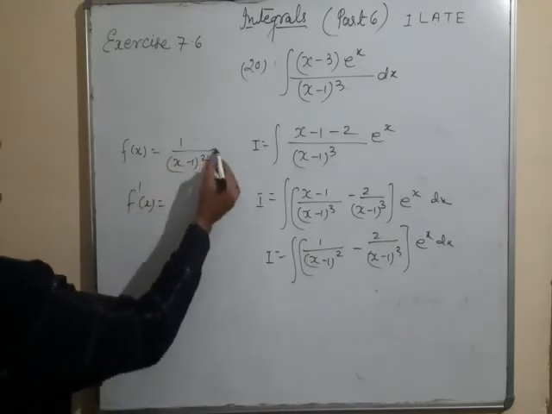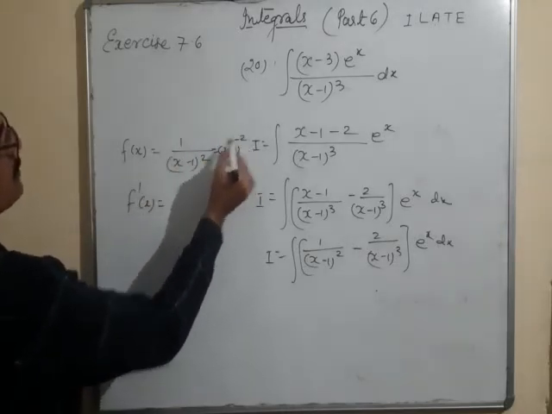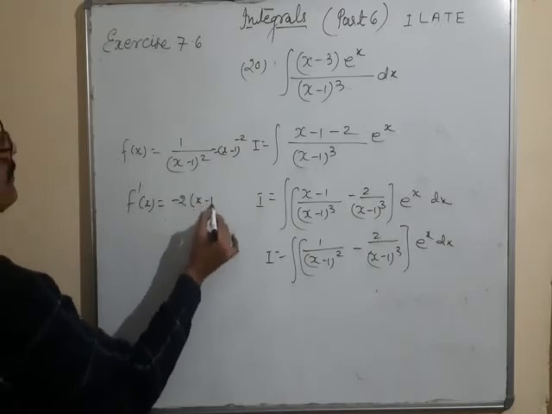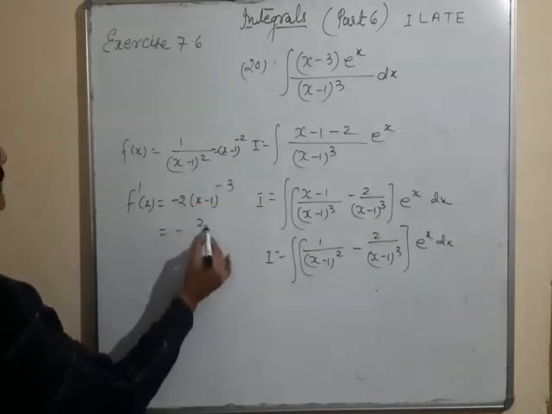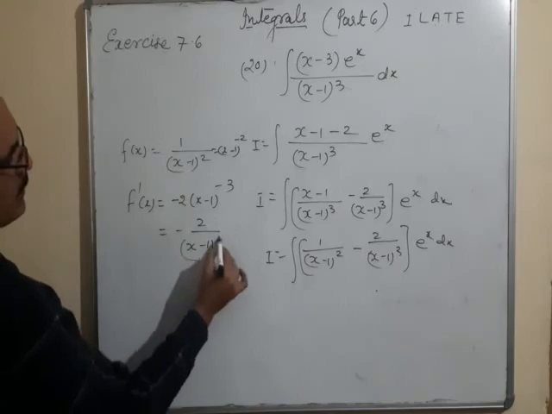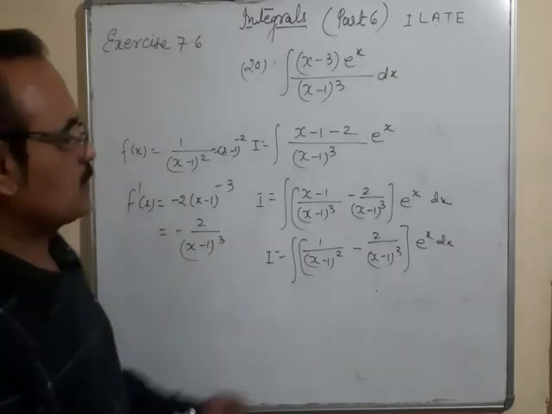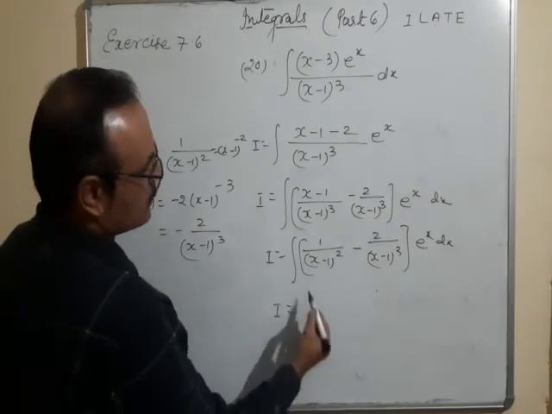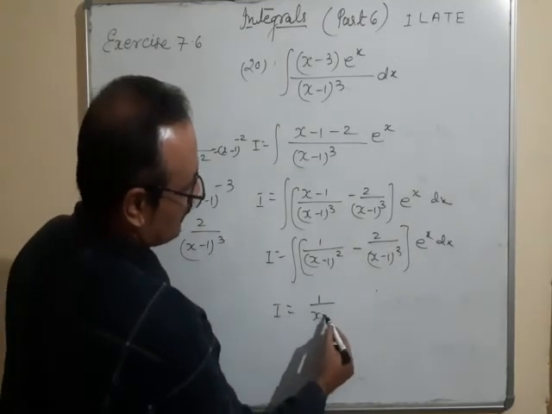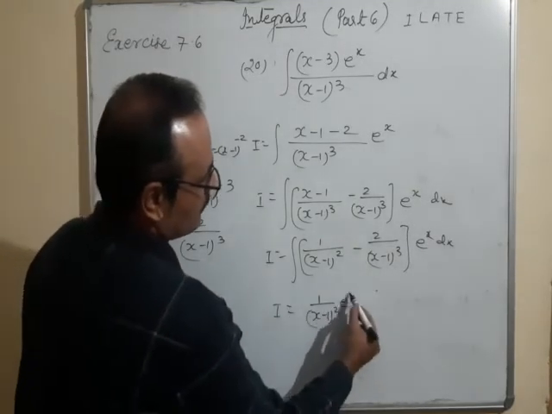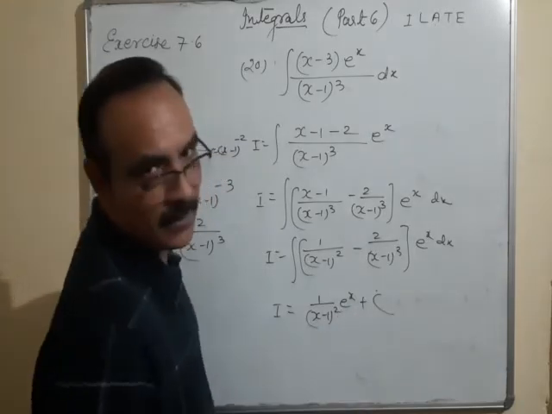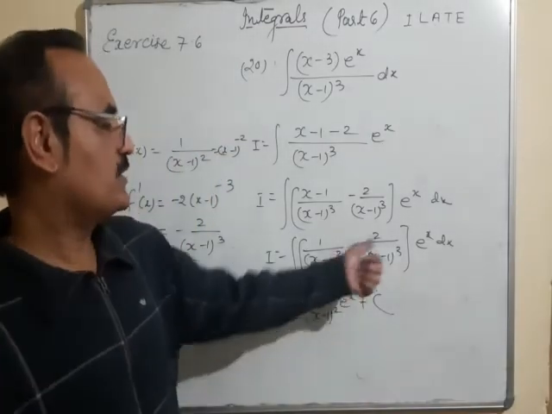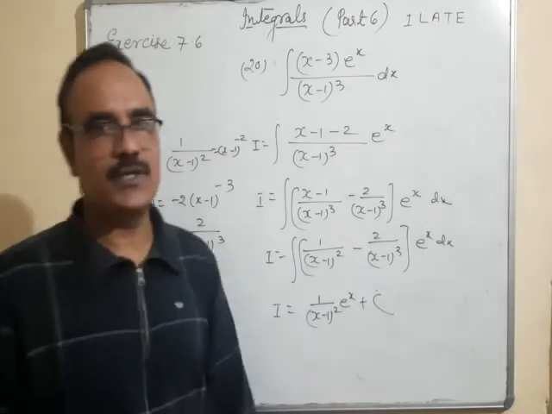So it is coming x minus 1 to the power minus 2, differentiating gives minus 2 x minus 1 to the power minus 3. That means minus 2 upon x minus 1 whole cube. So its result is I is equal to 1 upon x minus 1 whole square, e to the power x, plus c, because its differentiation is this one, f of x e to the power x.